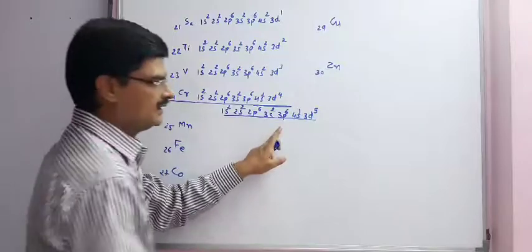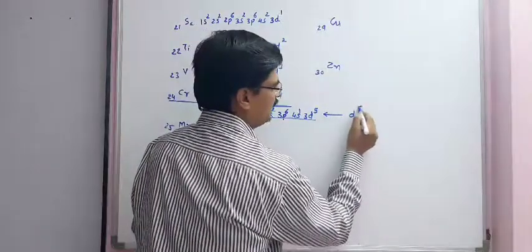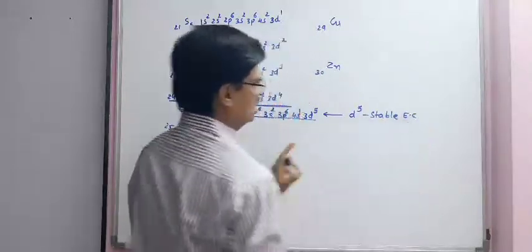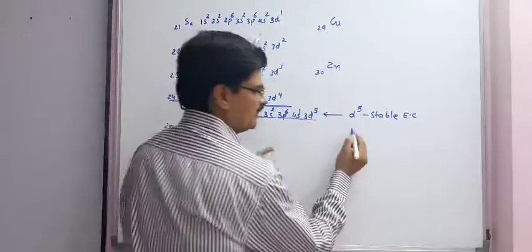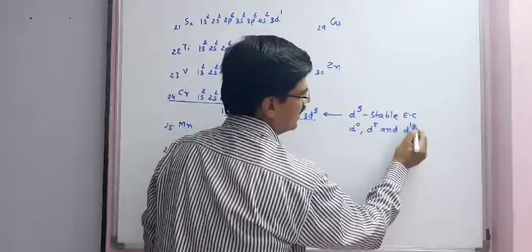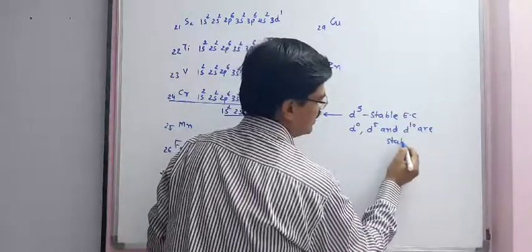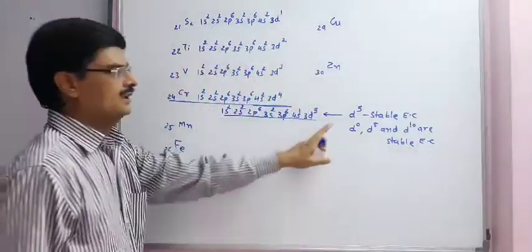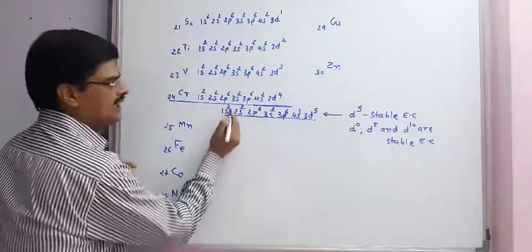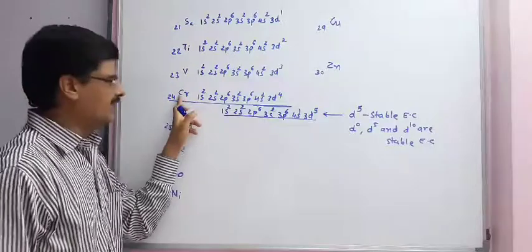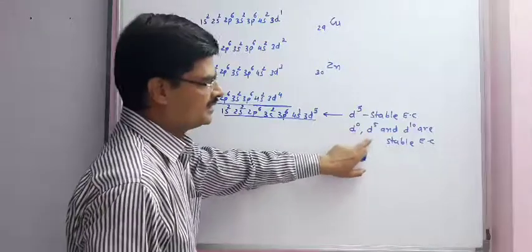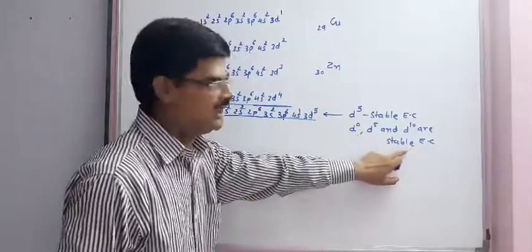The reason behind this is that d5 is stable electronic configuration. d0, d5 and d10 are stable electronic configuration, and that is why electronic configuration of chromium as an exception is written as 4s1 3d5, because of the stability of electronic configuration.